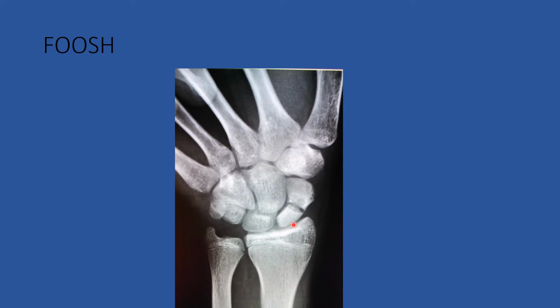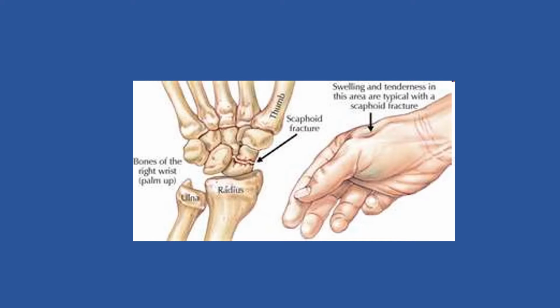This particular one was actually of a young man who was about 3 months out. And so you can see that this one is actually healed in a non-union position. Because of the pain and because he was an athlete, it was necessary to actually do an open reduction and internal fixation so that he would have less pain and better function of that wrist.